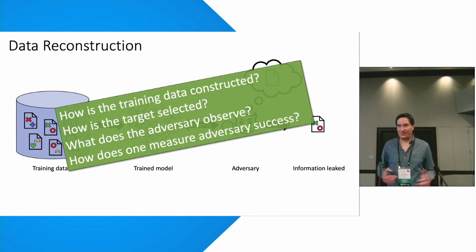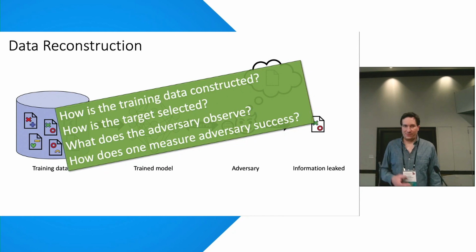So all of this is pretty informal. I have been glossing over many subtleties of these attacks. So we might want to find a way to specify clearly what we mean by these attacks, in particular, how to answer these questions. How is the training data set constructed? Is it sampled? Is it chosen adversarially? Or how is the target selected?